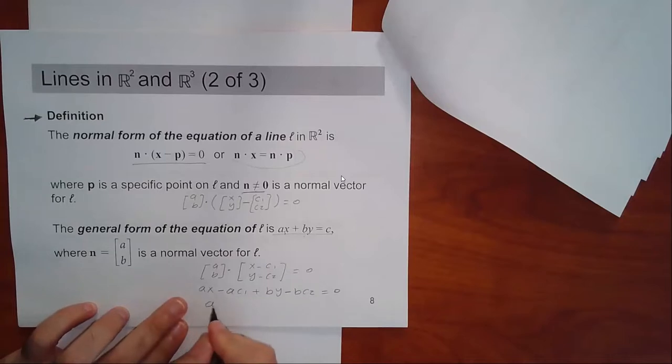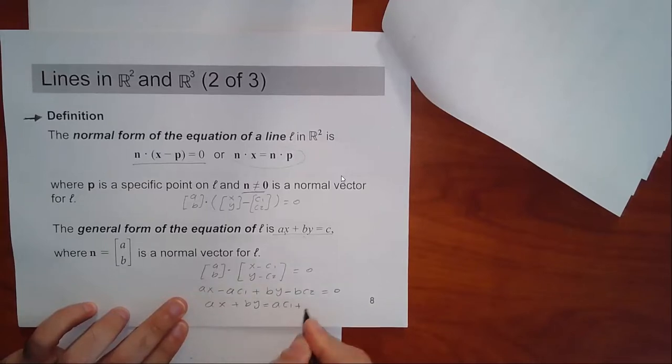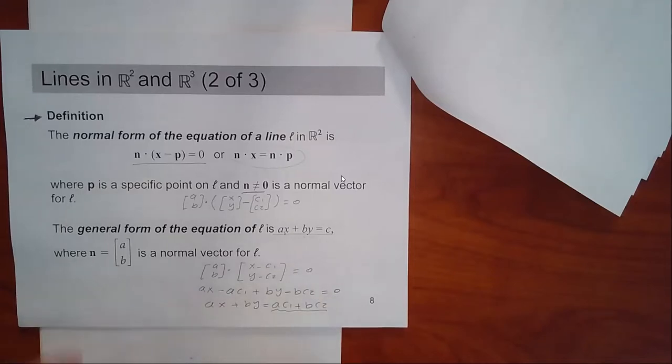That means ax plus by equals ac1 plus bc2. Check this part, it's all just a number.